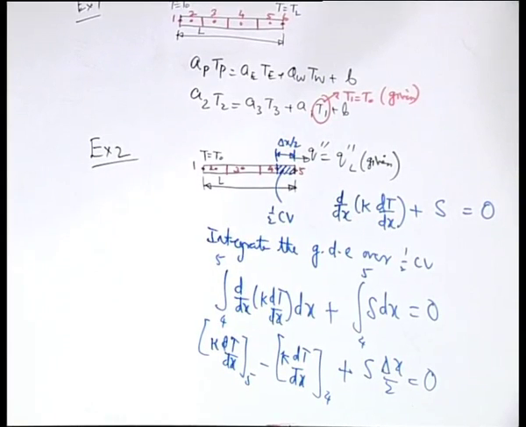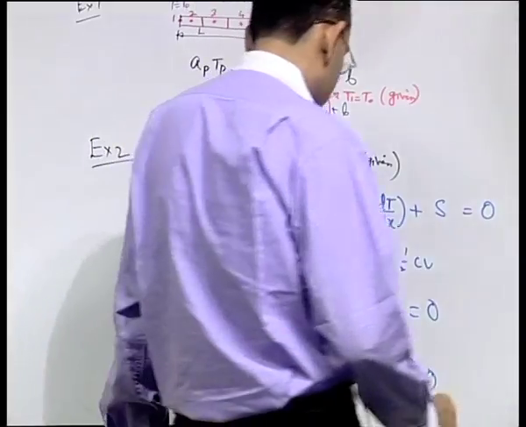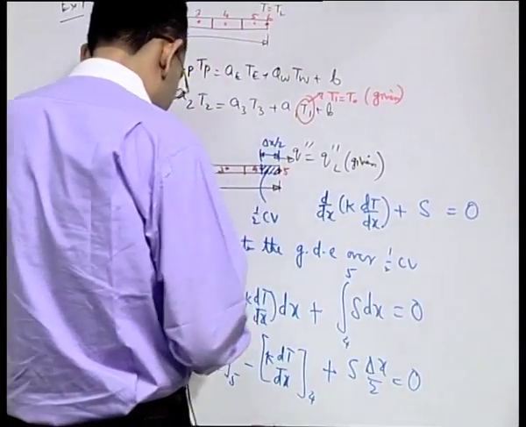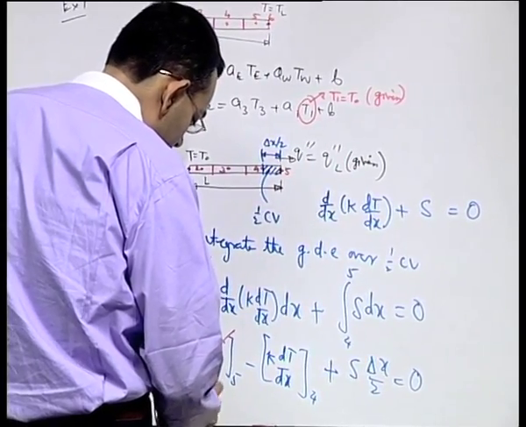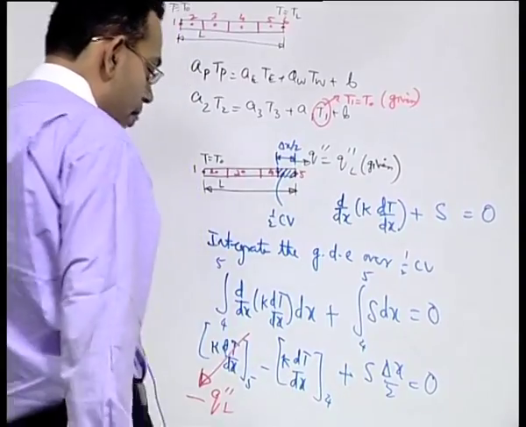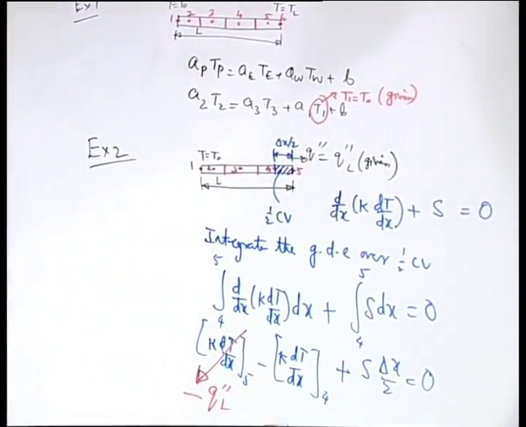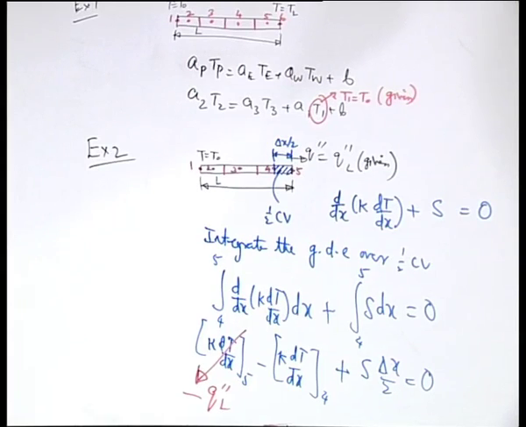What is k dT dx at 5? That is equal to minus of QL. So, in place of this one we will write minus of QL. K dT dx at 4, for that we have to make a profile assumption to make a representation of that one.